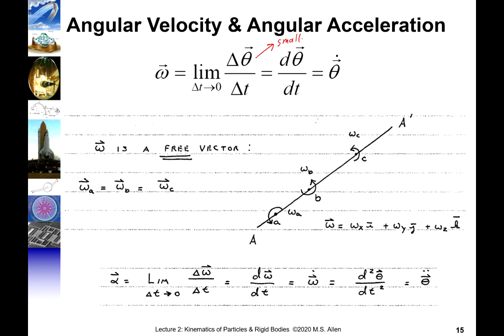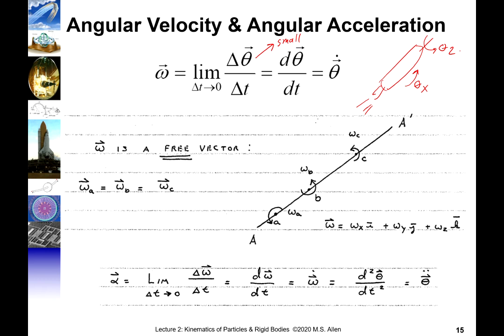That means that if we have multiple rotations applied to a part, say a rocket rotating about this axis and at the same time spinning about another axis, we can just superimpose all of those rotations.